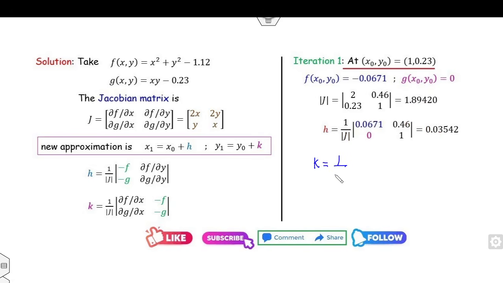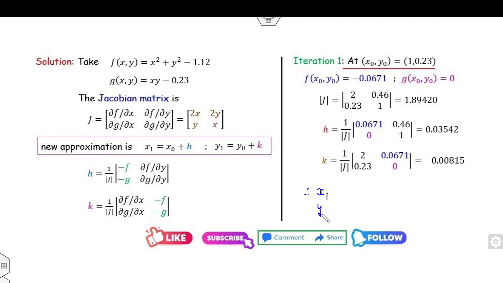Similarly, the value of k is 1.89420. I can replace the second column with the negative of f and the negative of g, and the first column is the same as this. Now you can find the determinant of this and get the answer as minus of this.